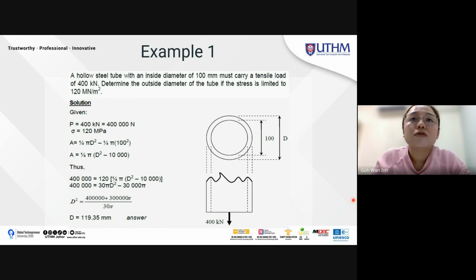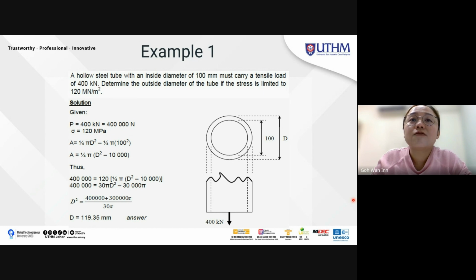So the provided information here is P is 400 kilonewton, which is equal to 400,000 Newton. Stress is 120 megapascal. MN over meter square is also megapascal. Now you want to get the area. For the inside diameter, you already have it at 100. But the outside diameter you don't know because this is a hollow tube.